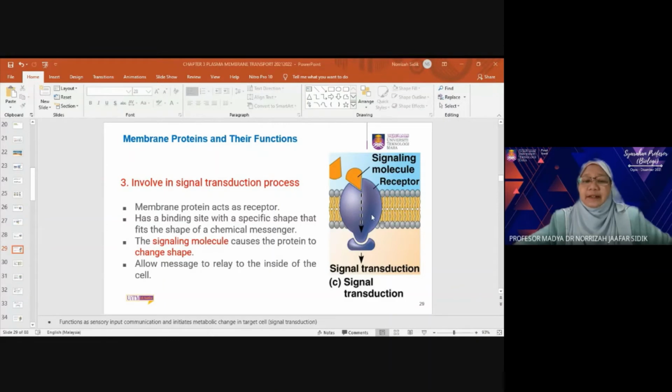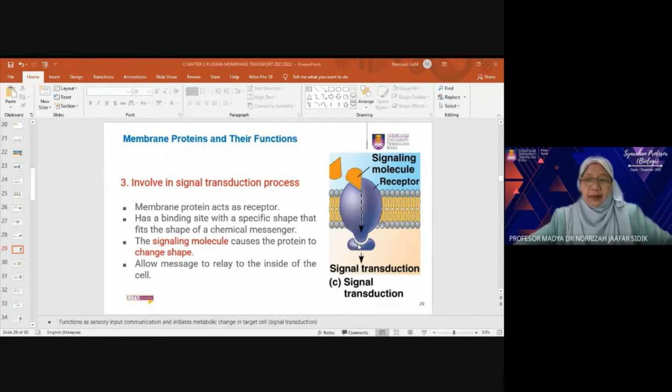The membrane protein acts as a receptor. The signal molecule, for example a hormone, will bind to this part. It has a binding site with a specific shape that fits the shape of the chemical messenger or signaling molecule, which causes the protein to change shape. This allows the message to relay to the inside of the cell.